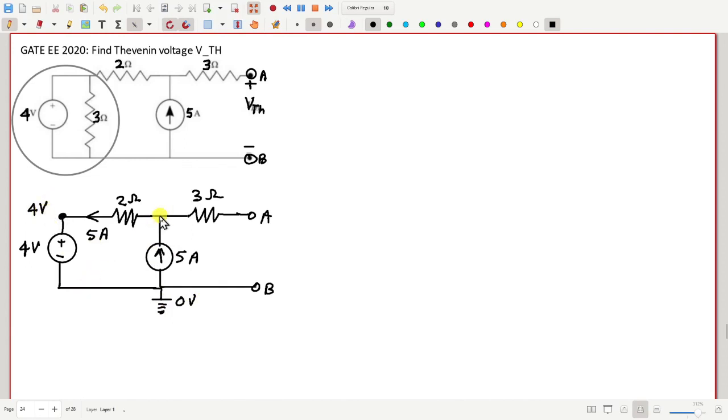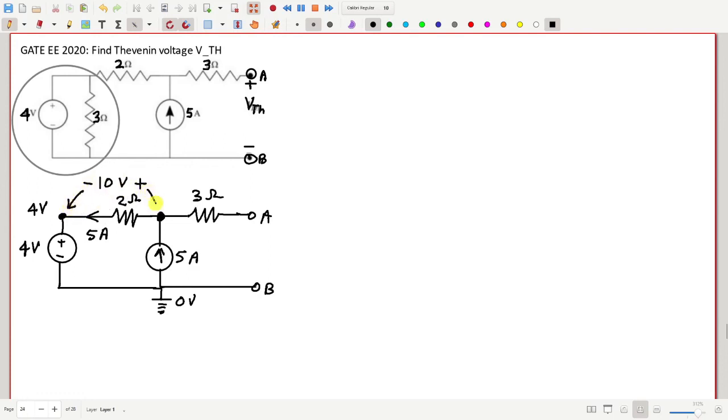Now if you consider this as the reference point, 0 volt, then this point is at 4 volt. Then this point above this current source will be at 4 plus 10. So the voltage drop across 2 ohm resistance is 10 volt, right side plus, left side minus.